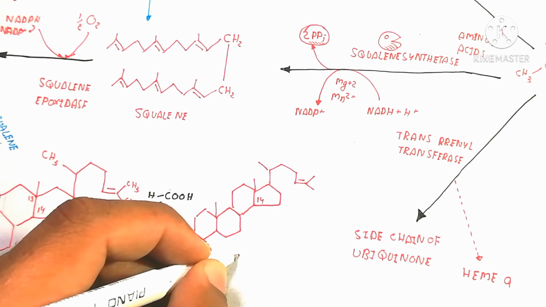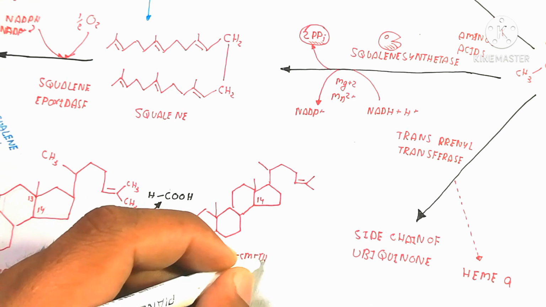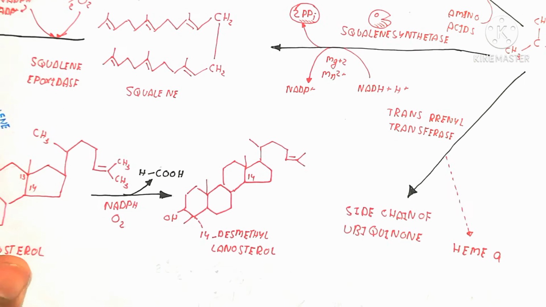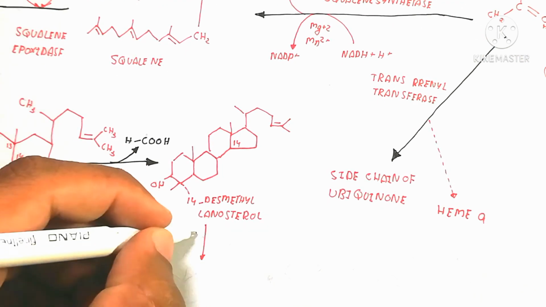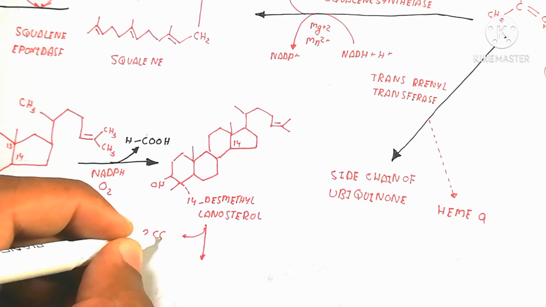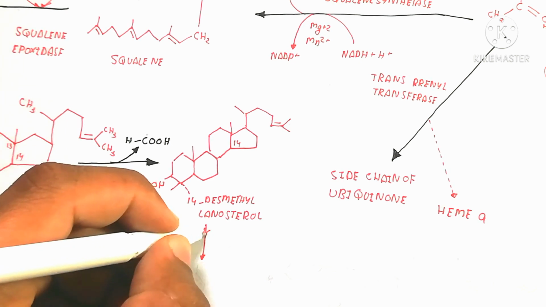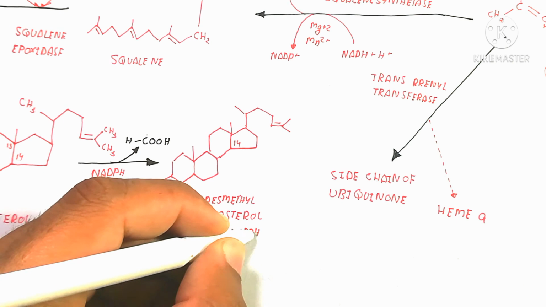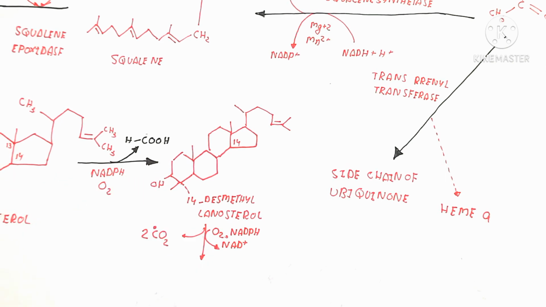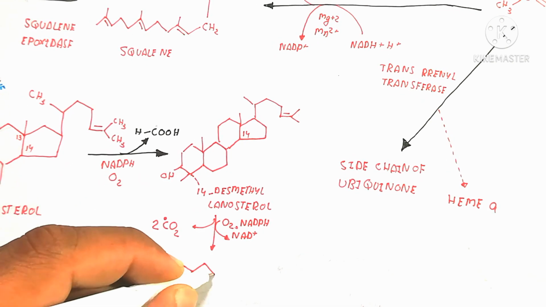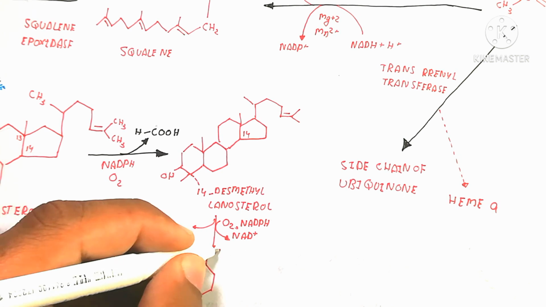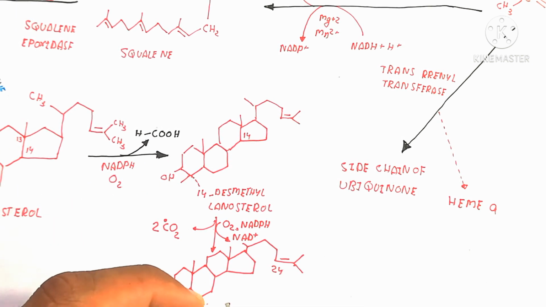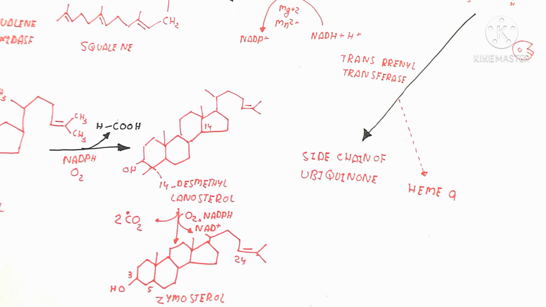So it means the release of the methyl group. Here the 14-demethyl lanosterol will be formed, and this further goes on, releasing carbon dioxide and using oxygen and NADPH to produce zymosterol. In zymosterol the hydroxyl group will be attached, and their structure is like that, and carbon 14 contains a double bond.